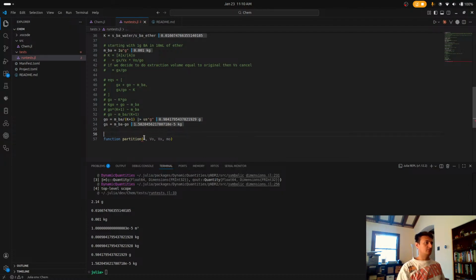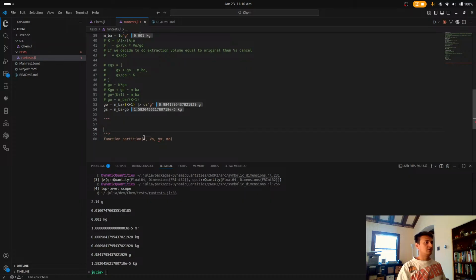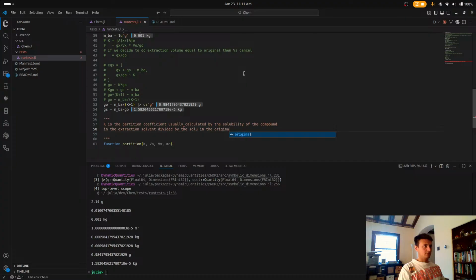So K is the partition coefficient, usually calculated by the solubility of the compound in the extraction solvent divided by the solute in the original solvent.